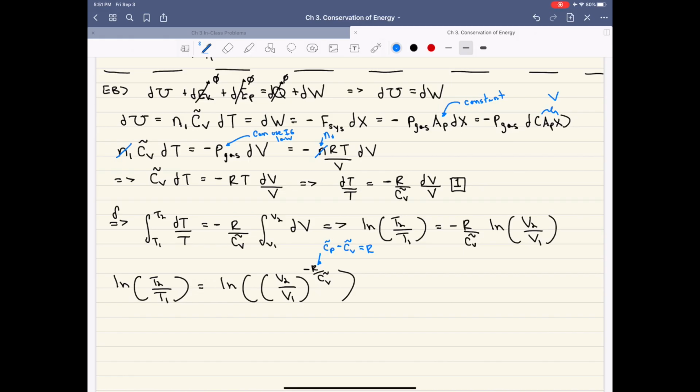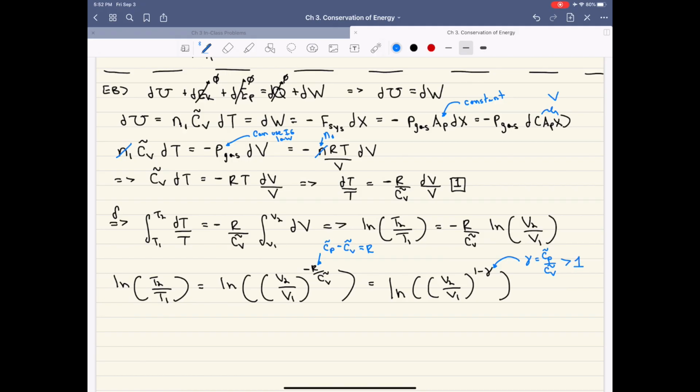And so what we could do is rearrange this exponent so that we write it like this, 1 minus gamma, where gamma is just the ratio of the constant pressure heat capacity over the constant volume heat capacity. And because we know, in general, the constant pressure heat capacity is going to be greater than the constant volume heat capacity, gamma is going to be greater than 1 here.